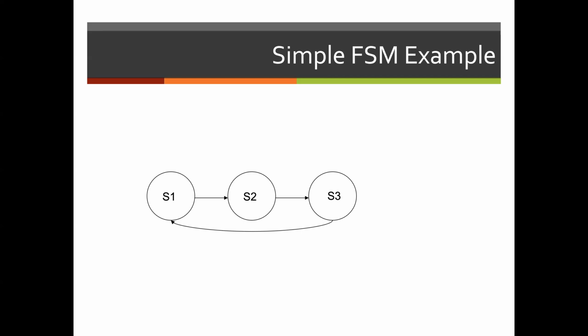So in this example, if we start at state 1, we have an input that feeds into state 2 that represents a transition from S1 to S2. Correspondingly, we have a transition from S2 to S3, as well as a transition from S3 back to S1.